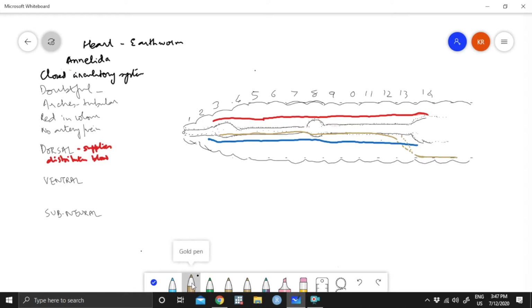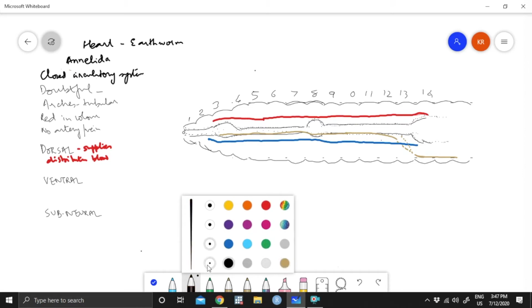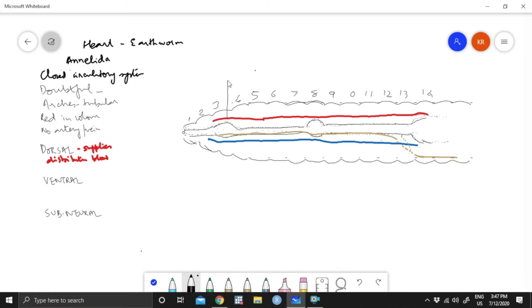So let us label this much, whatever we have drawn over here. This is the dorsal blood vessel. This is the ventral blood vessel, and this one is the subneural blood vessel.